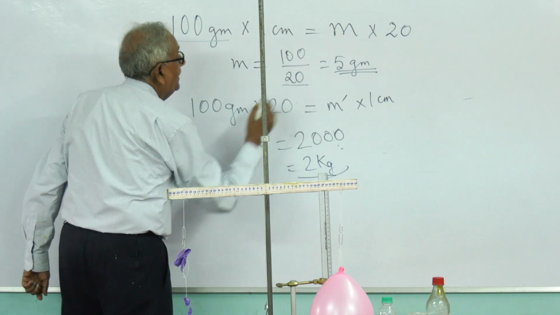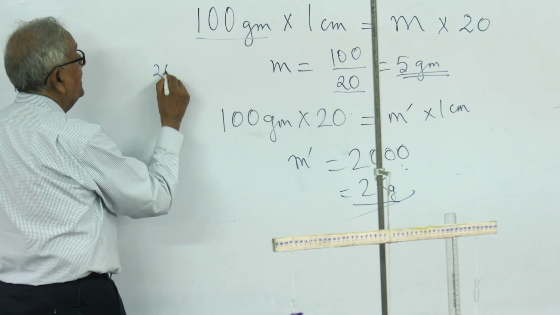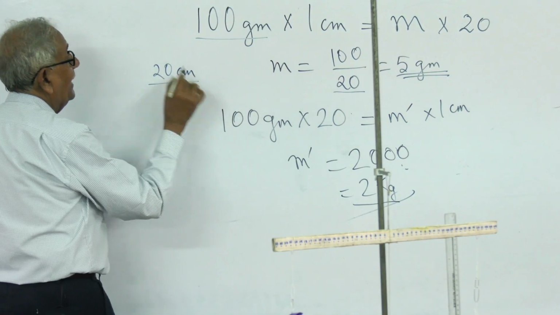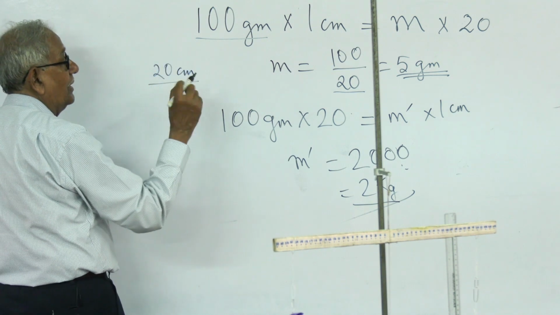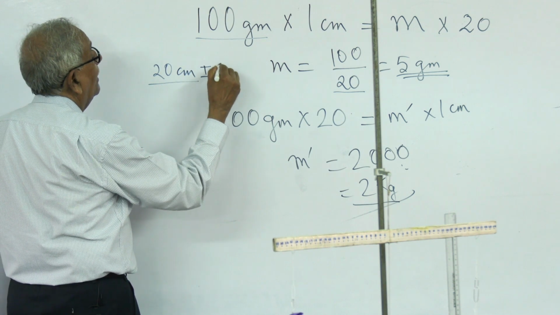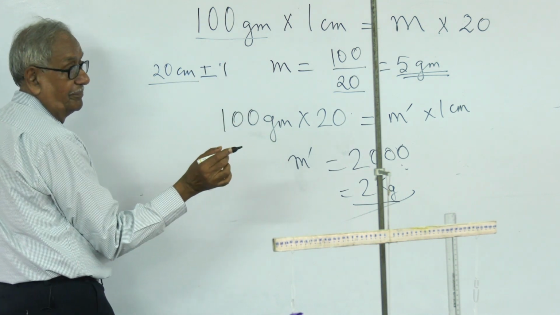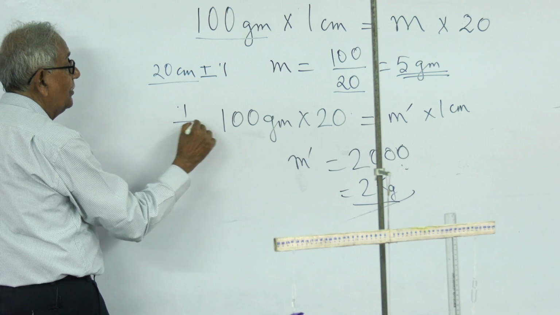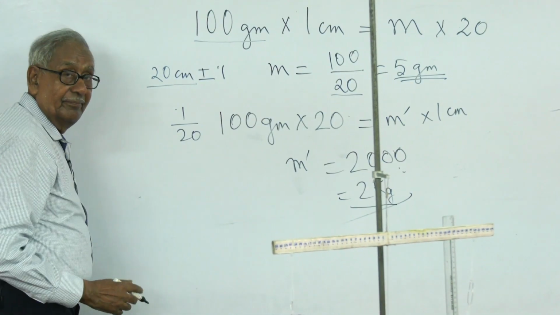Why theoretically possible? Because when you are putting a weight at 20 centimeter, an error can occur, because the thread can be 1 millimeter on this side. That means there is an error of 0.1 centimeter. So the error will be 0.1 divided by 20 centimeter.